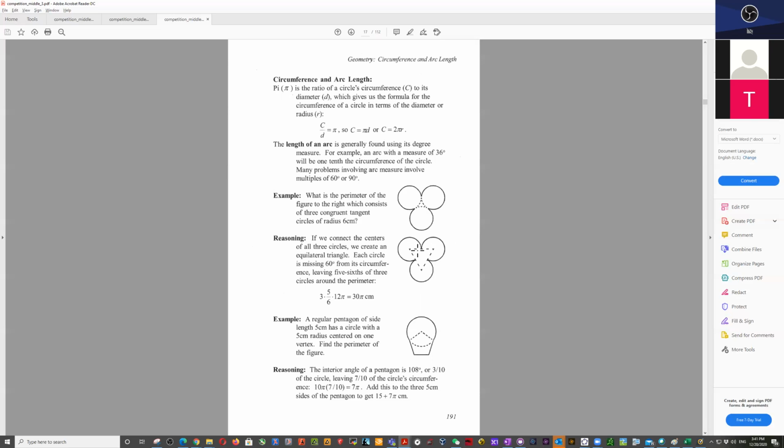We find out that the missing degree of the arc is 60 degrees, or 1/6 of it. So the remaining one is 5/6 of it. So 3 multiplied by 5/6 and multiplied by 12 pi. That's the way we calculate it.